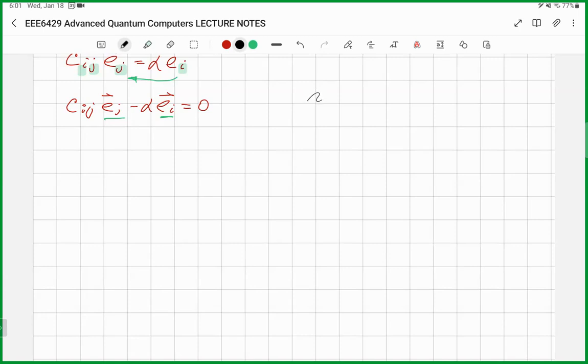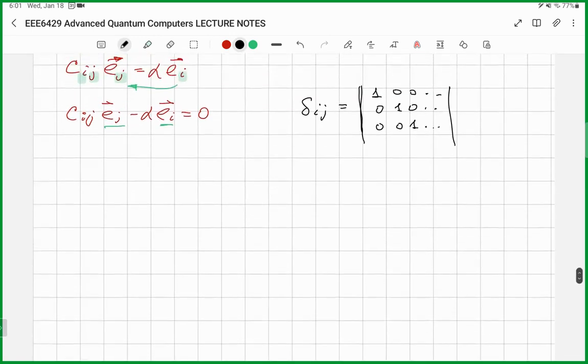Last week we introduced this object delta. This is the Kronecker delta symbol with two components i and j, and this is basically a unitary or identity matrix: 1 0 0, 0 1 0, 0 0 1, etc. So this is the quadratic matrix with units on the main diagonal and zeros otherwise.